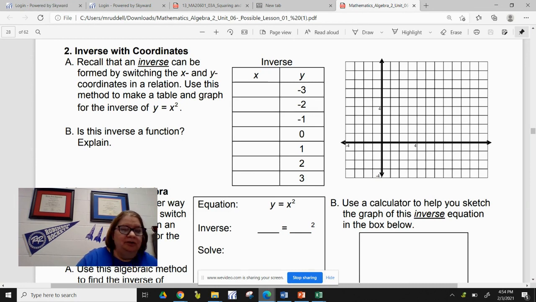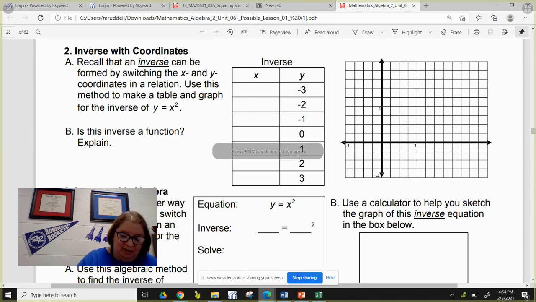So in the first table, that -3, -2, -1, those were the x's. Now they're the y's. What's going to be the x's in this table? It's the 9, 4, 1, 0, 1, 4, and 9 that were the y's. So we switched the x's and the y's from the first table to this one.